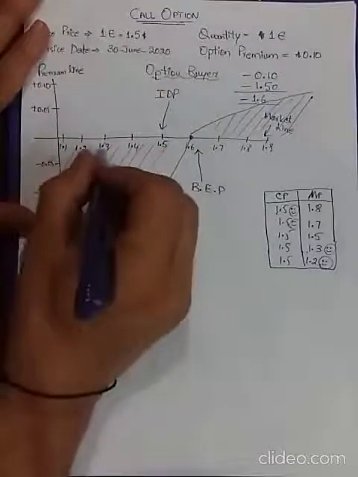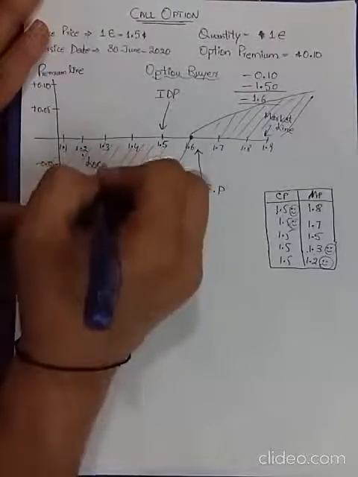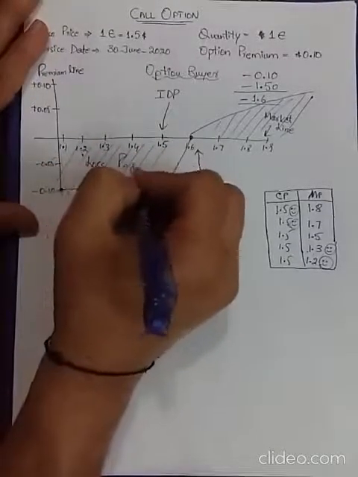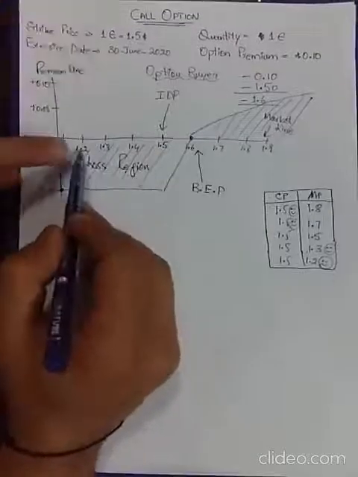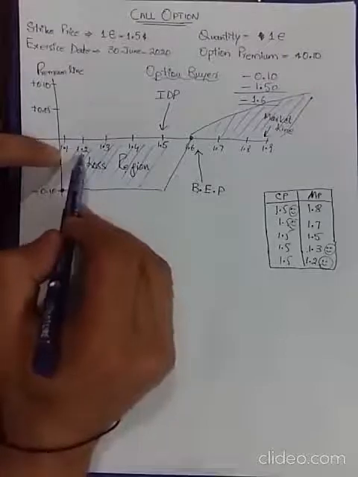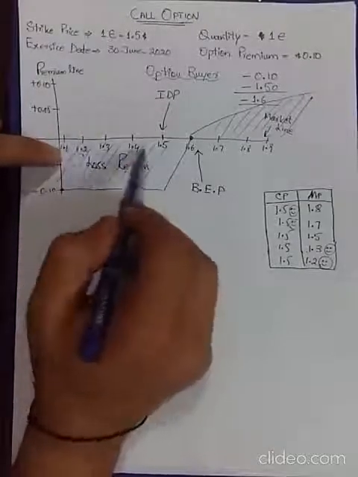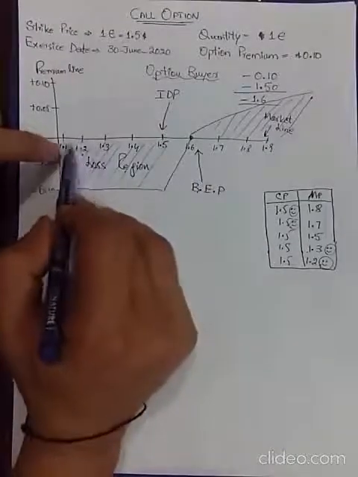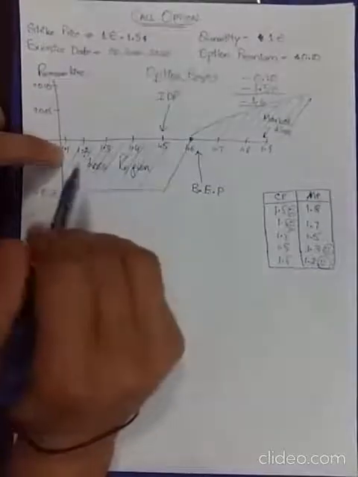Okay, so this place is actually called the loss region. Why is it called the loss region? Because if the prices in the market are 1.1 or 1.2 or 1.3 or 1.4, in all these situations, if these are the prevailing prices in the market, then the market is better for me, and the contract is not good for me.